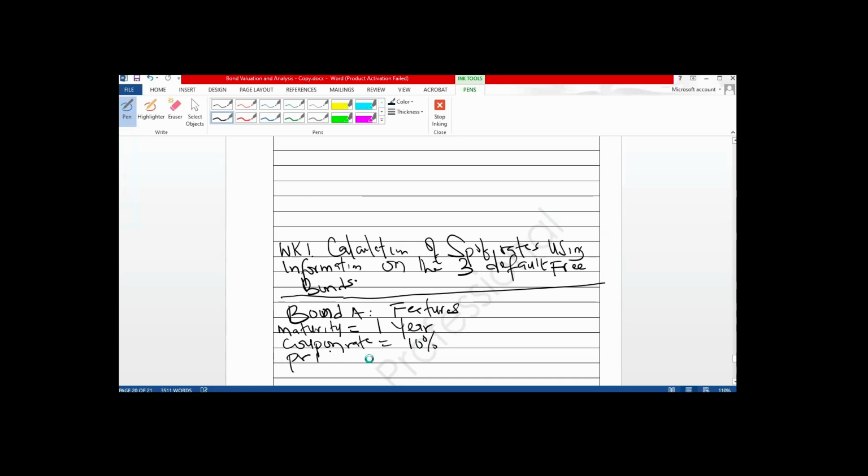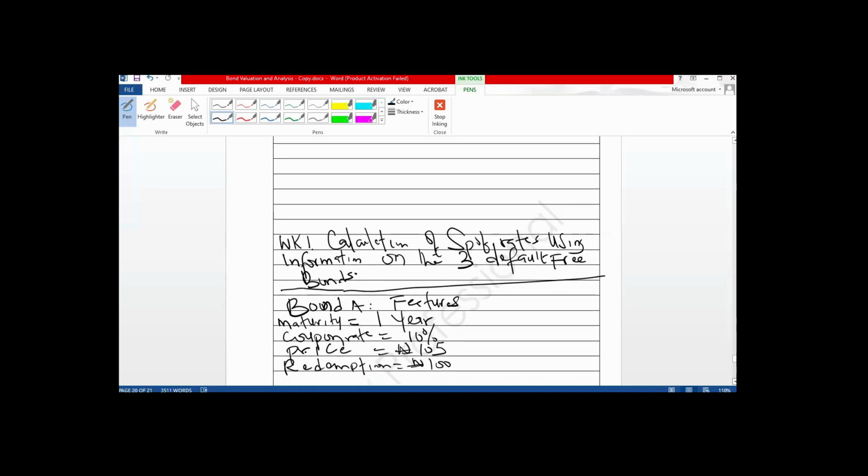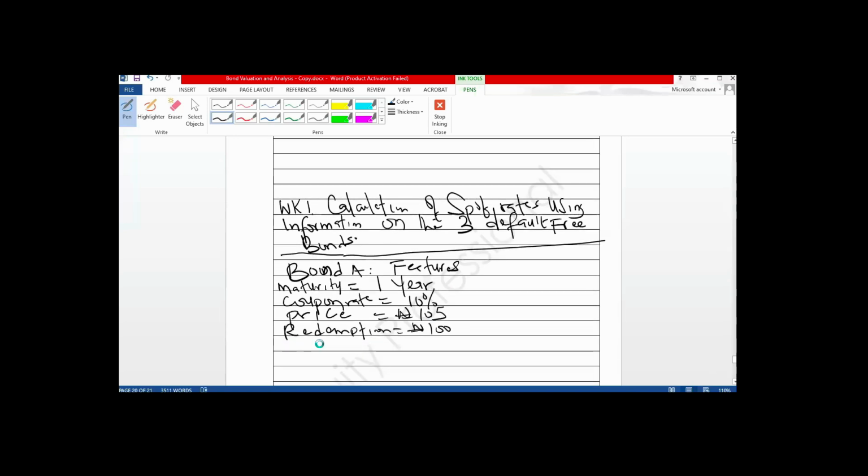The price of bond A? 105. What is the redemption value of bond A? 100 naira. The face value is also 100. Face value is always standard.